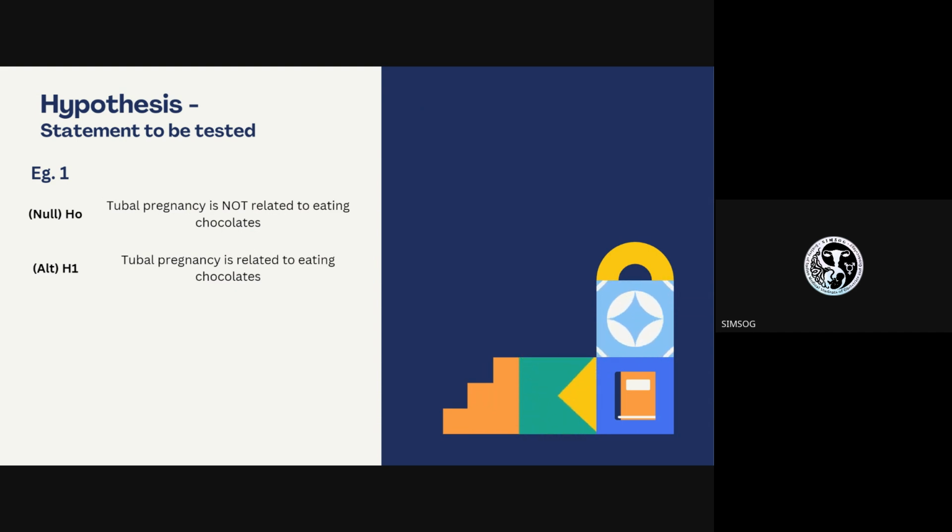Yes, Shashank, go ahead, please. Washing clothes is related to cause pregnancy, that is the null hypothesis. Sorry, the null hypothesis is washing clothes does not cause pregnancy, and the alternate hypothesis is washing clothes causes pregnancy.